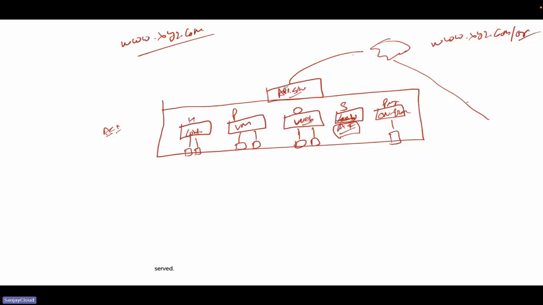This request will be received by the application gateway, where we have created rules based on the path. The application gateway will read your application layer 7 content, that means your URL content. Based on the request, it will distribute your request to the correct pool, that means to the orders pool.